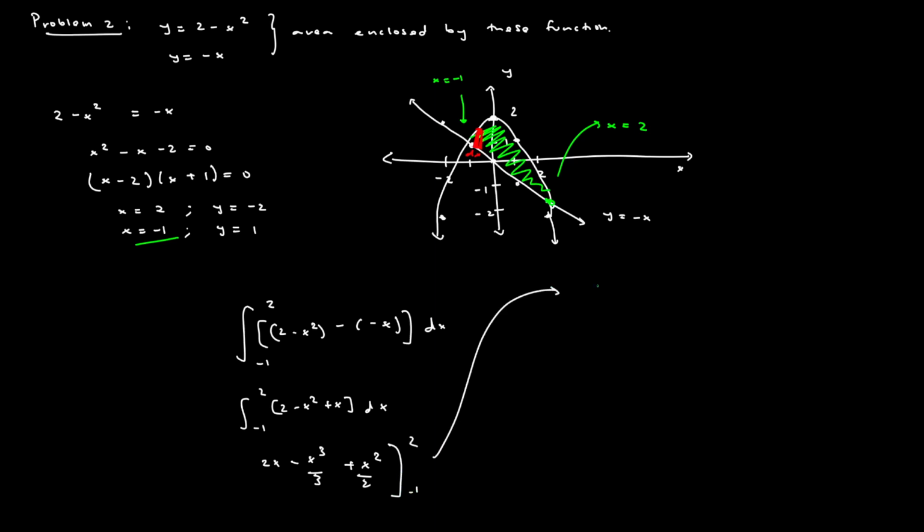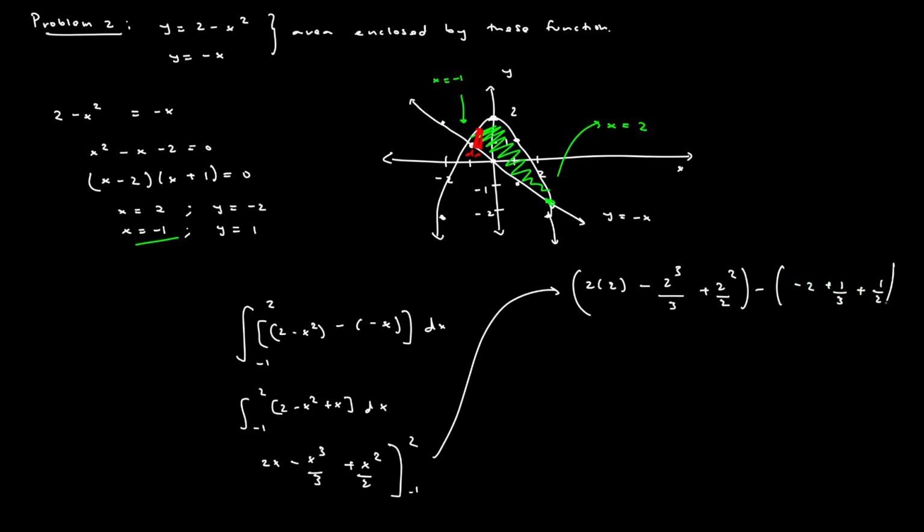That is simply 2 times 2 minus 2 cubed divided by 3 plus 2 squared divided by 2, minus 2, and then plus 1/3 plus 1/2.